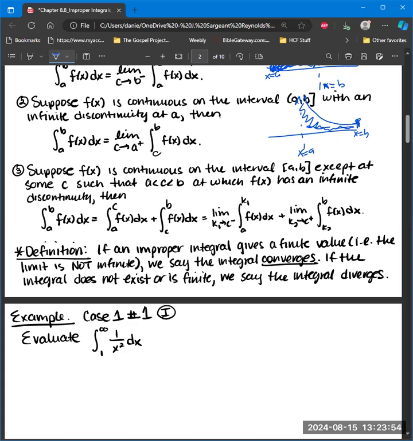Again, c is our bad point that we have to pull out. So we're going to stick a dummy variable k1 in place of c here as our upper limit, and we're going to let k1 approach c from the left.